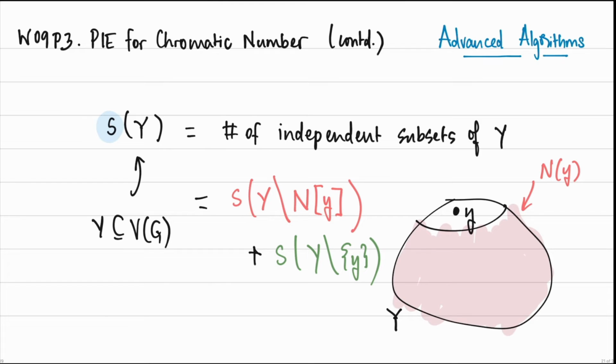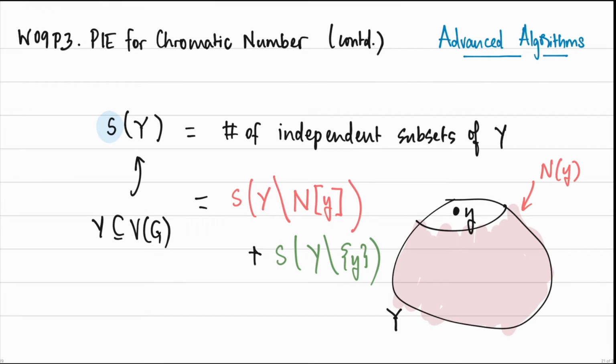So you can compute S of y for all vertex subsets y using a DP table. But this is why I said earlier that we are still using exponential space, because the DP table here is indexed by all vertex subsets, so it is going to take up exponential space.